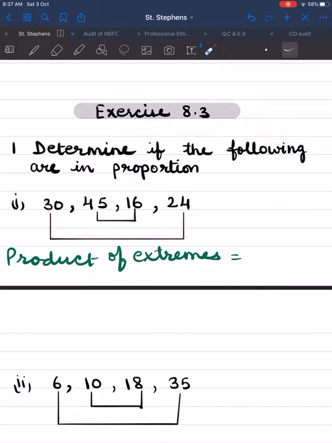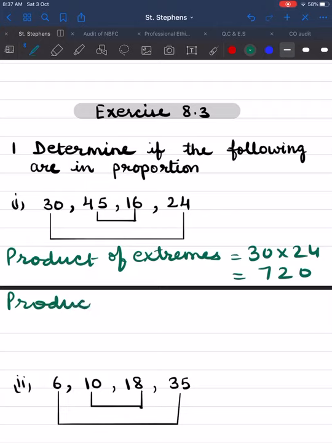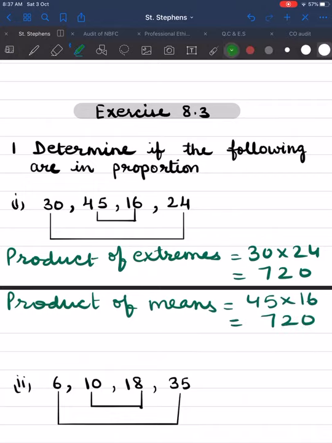That is the first and fourth term. So 30 into 24, and we get 720. And for the product of means, we multiply the second and third term. So it is 45 into 16 and we get 720. So here the product of extremes is equal to the product of means. So numbers are in proportion.